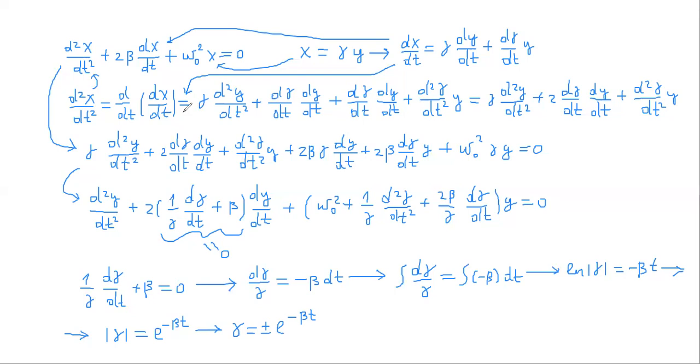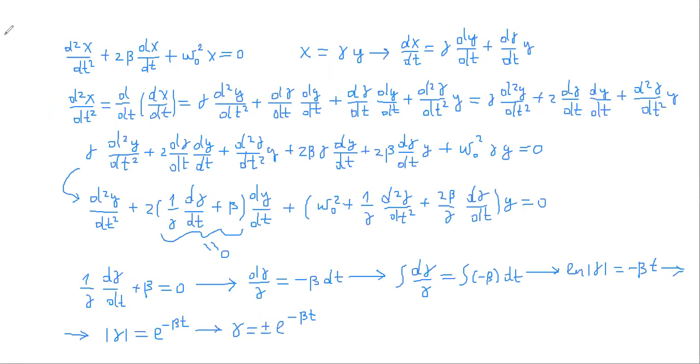So gamma is equal to e to the power of minus beta t.